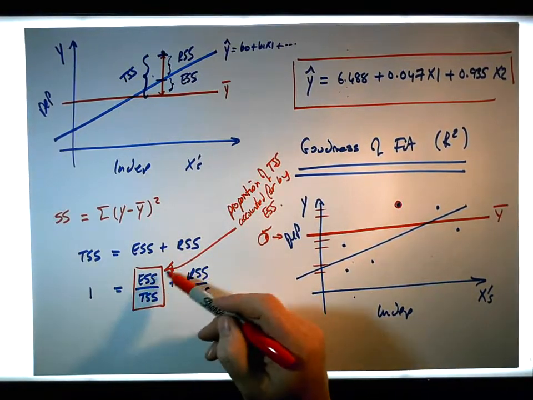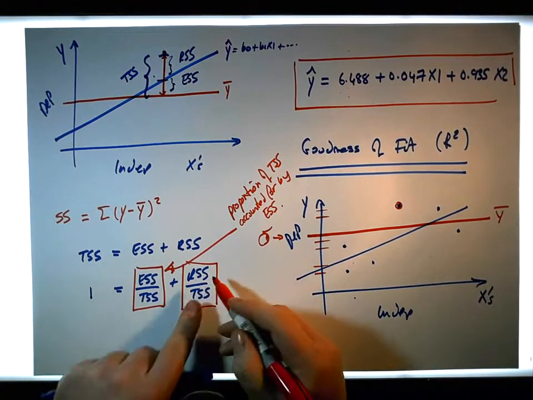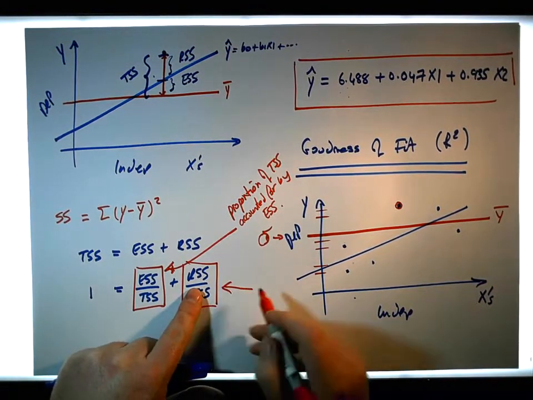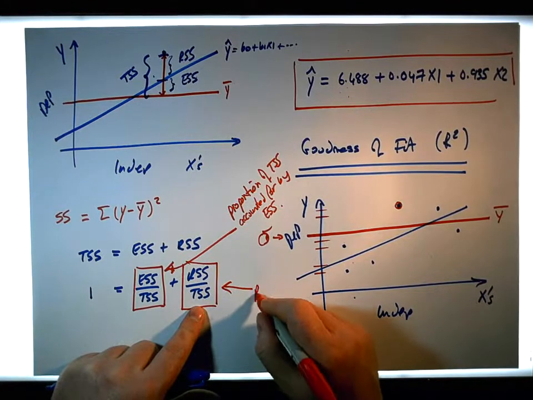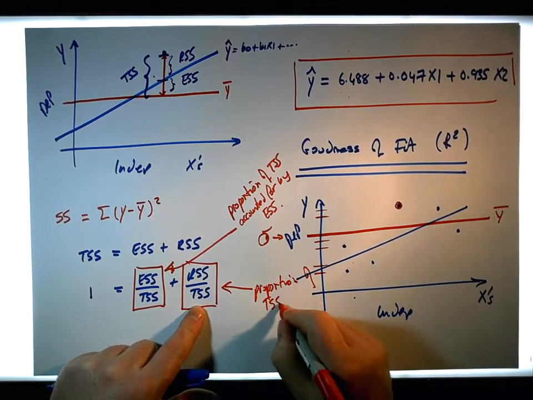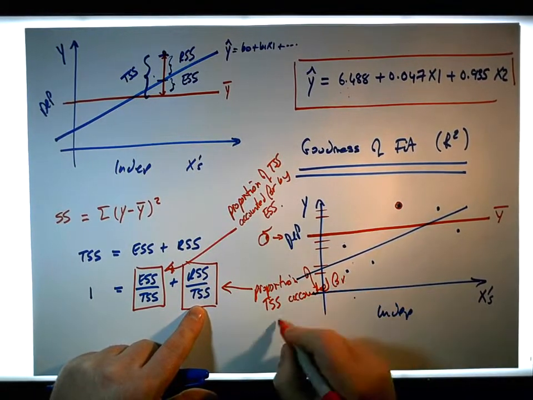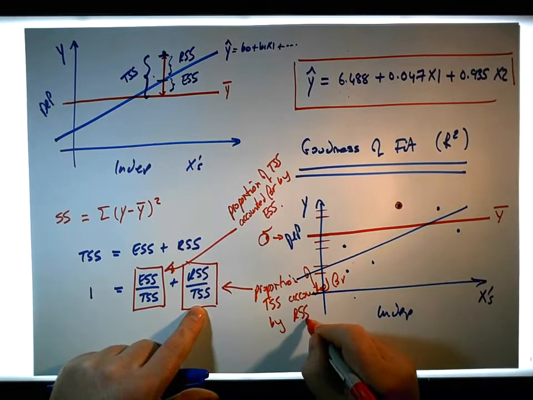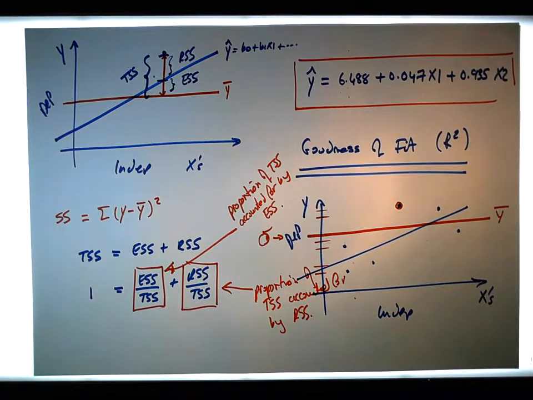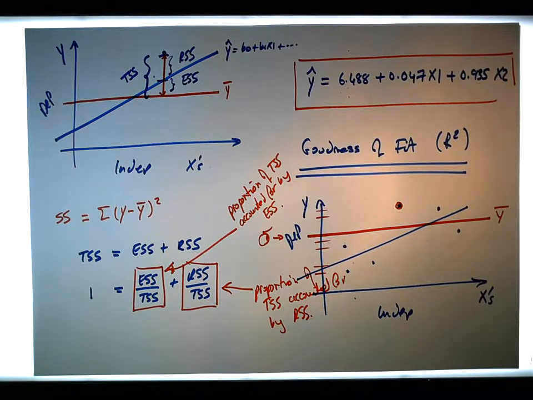This is really important for us. Where this bit here tells us the proportion of residual, so it's the proportion of the total sum of squares accounted for by the residual sum of squares. It's the error in the model, relative to the total amount that we're trying to estimate.